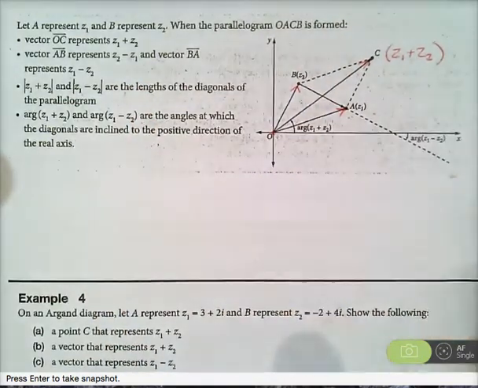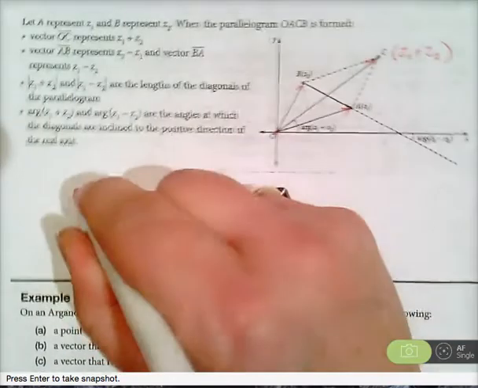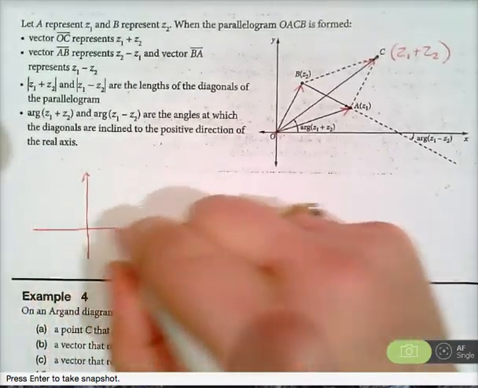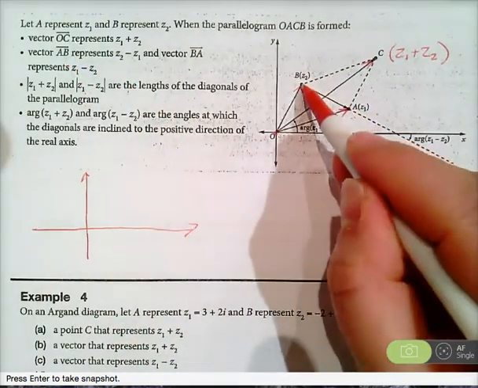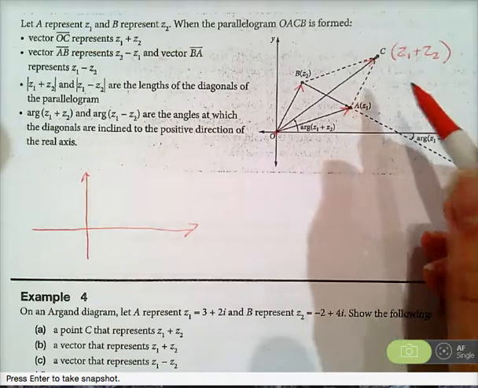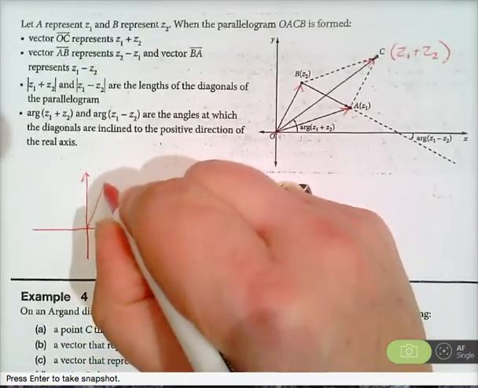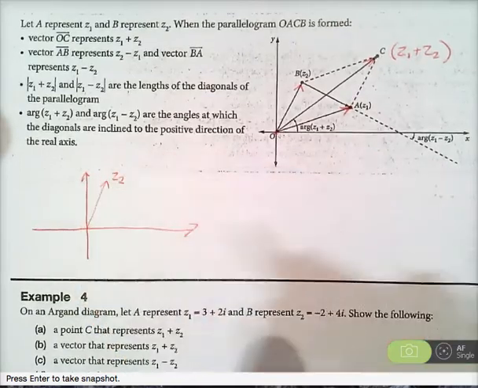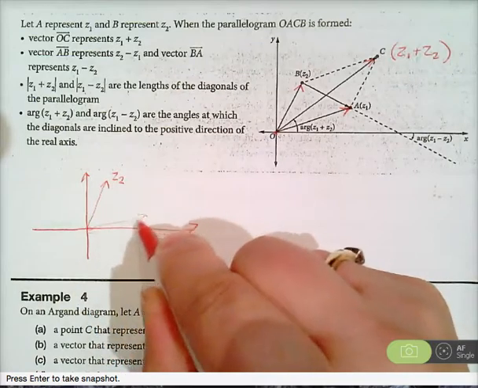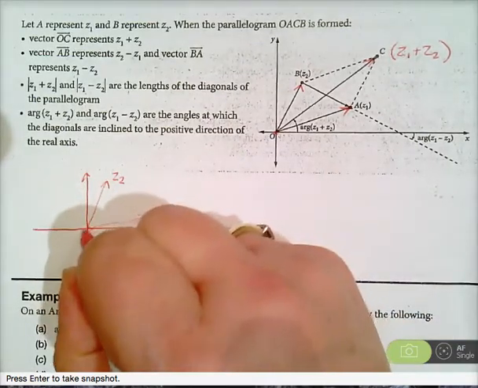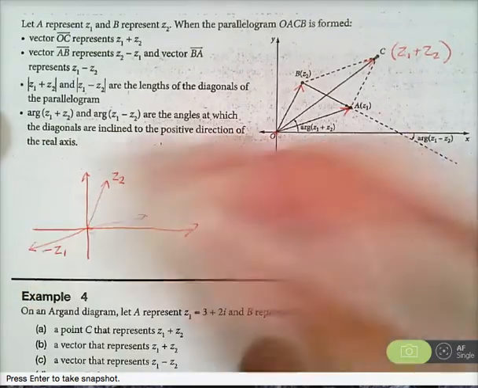So let's just see how that works. I'm going to draw that down here because it's a little bit hard to tell from there, okay? So I'm just going to draw these again. If it says that the vector AB, so from A to B, represents Z2 minus Z1, let's have a look. This is Z2. Z1 is this. So if that's Z1, then minus Z1 looks like this. That would be minus Z1, okay?